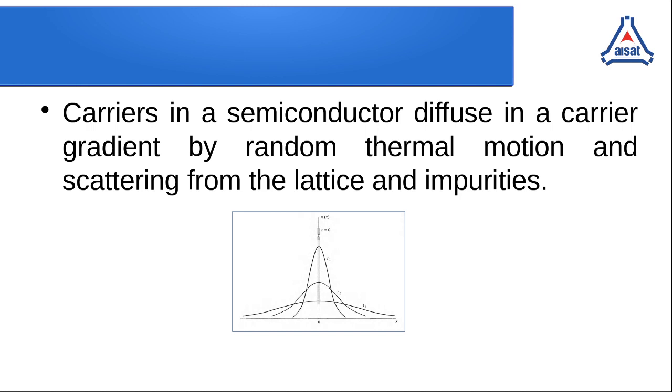So the graph that is shown in the video is the explanation of how diffusion of the carrier happens if there is a higher concentration at a particular area and it is randomly moving towards lower concentration area through thermal motion, random motion and scattering.